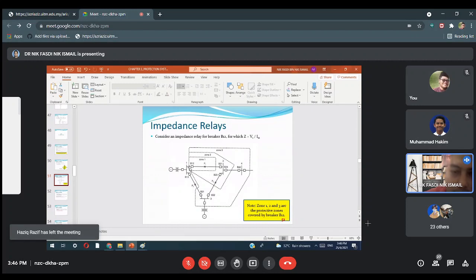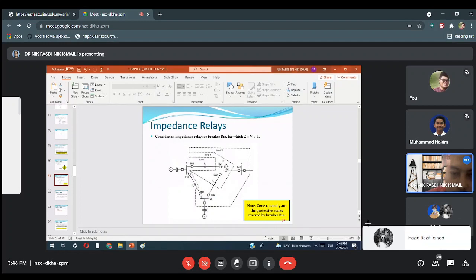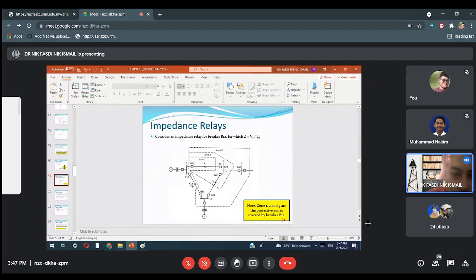So at P1 it will be forward. It is called forward because current will flow this way. But for this case it will be reverse. Why? Because here the current will flow this way and the current will flow this way. So B12 is not in it. B13 and B31 are in the forward direction, but B12 is outside the flow of the fault current. So what happens is B12 becomes reverse direction. That's why it will not trip.